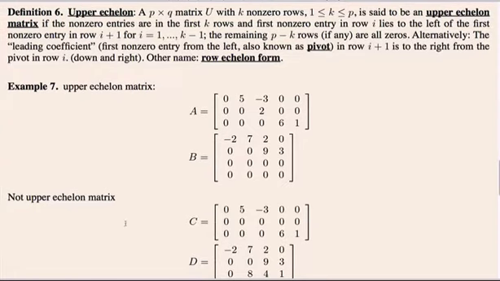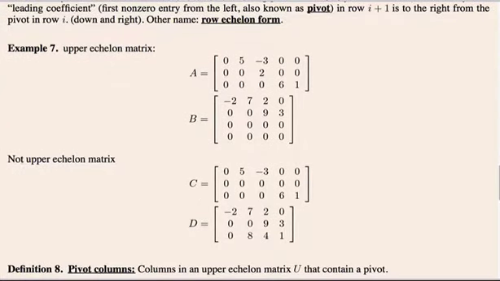So for example, these following two matrices are not in upper echelon form, or they are not upper echelon matrices. Let's see why this is not. The problem here is that the second row is 0, and that's supposed to be at the bottom. But it's not at the bottom right now.